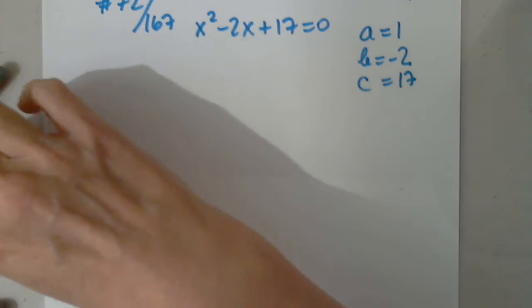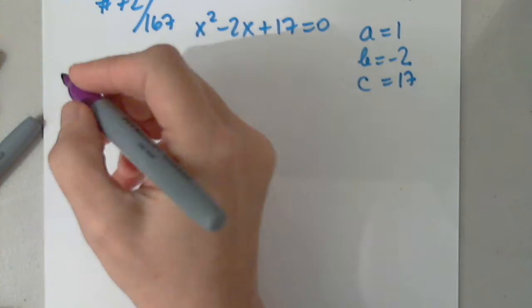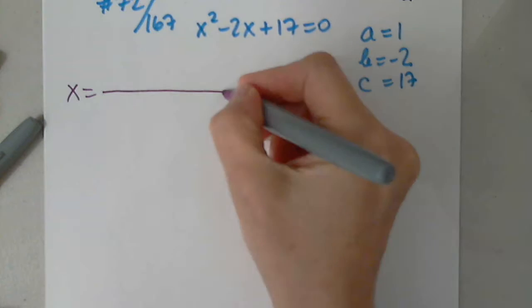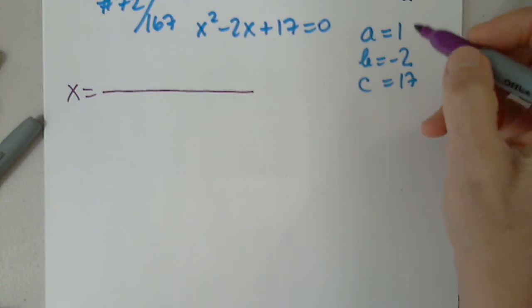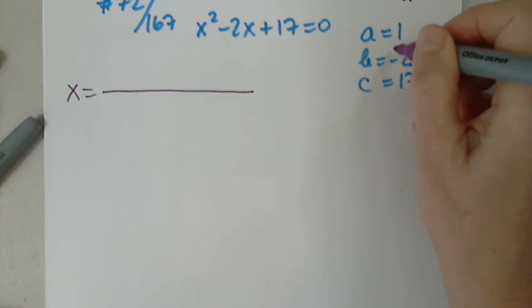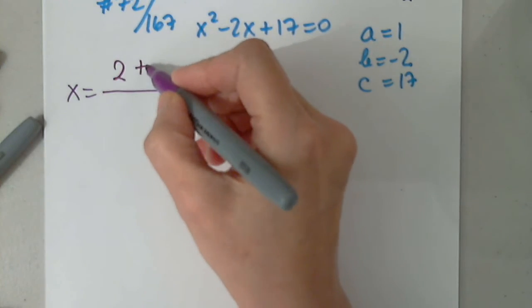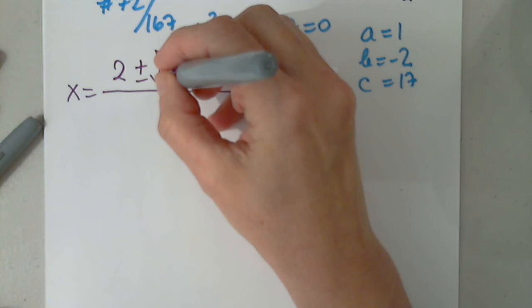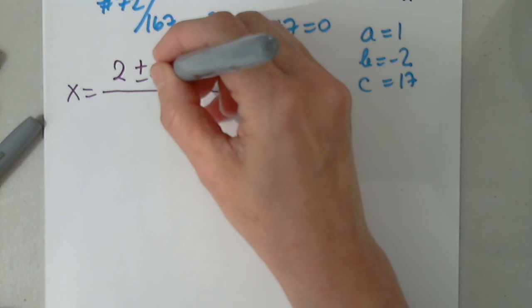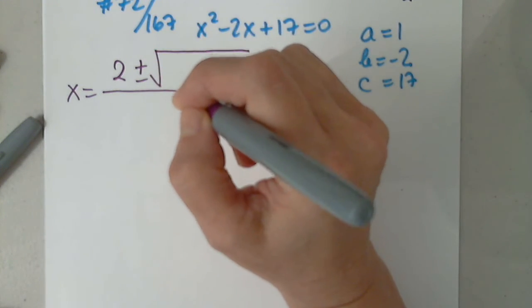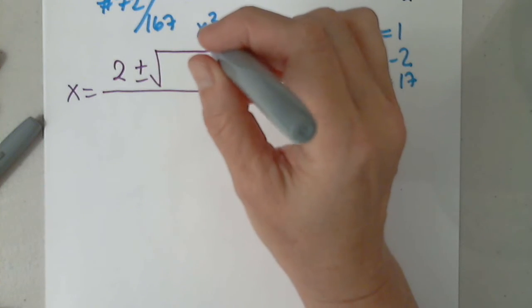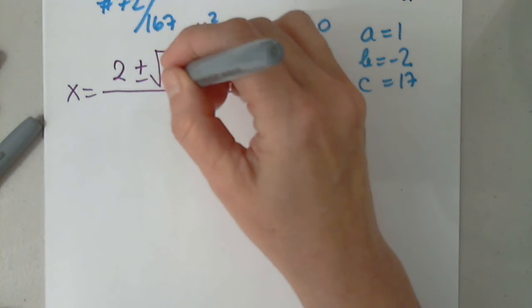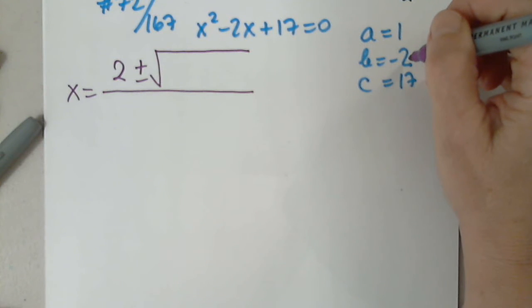So I can already start the quadratic formula. Negative b is +2 plus or minus the square root of. If you ever write minus here, that is a terrible error. Ever. Because this is b squared, no matter what b is.